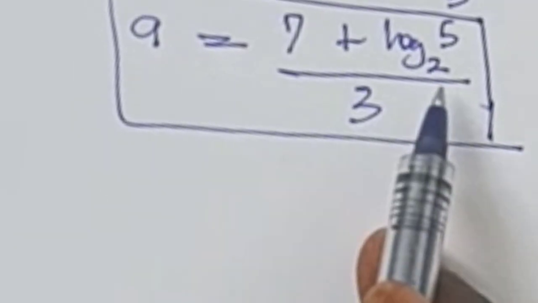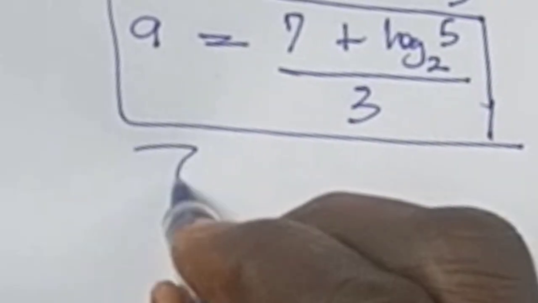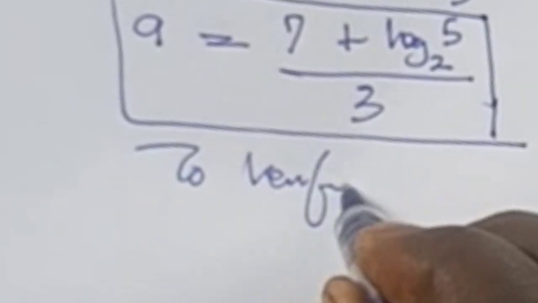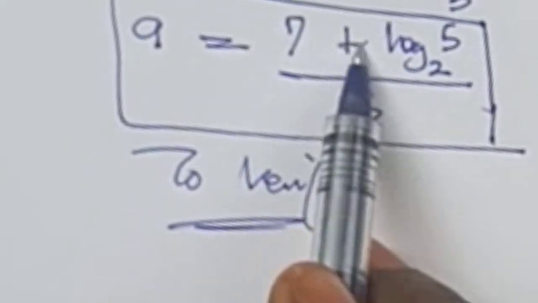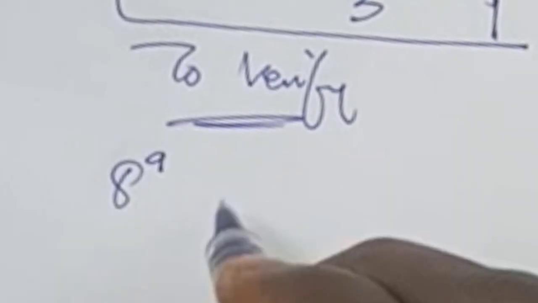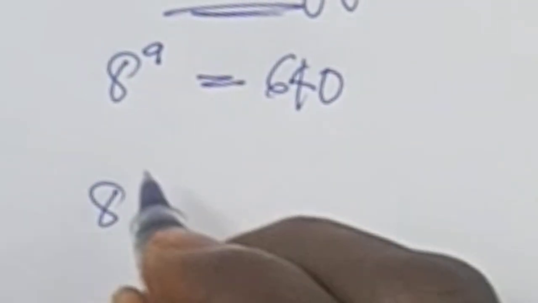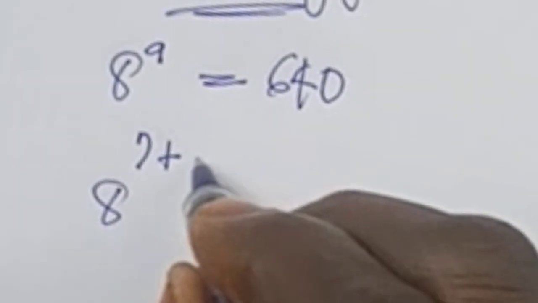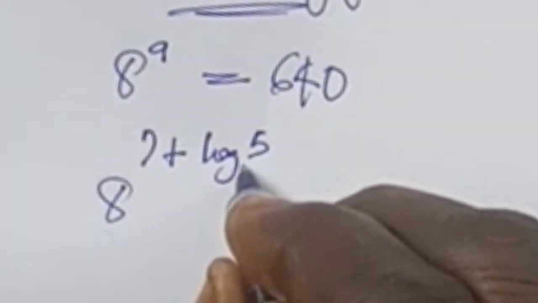And to verify if this value of a can satisfy the original equation, in the place of a in the original equation, we replace it with this value. That is 8 to the power of a equals 640, so that 8 to the power of 7 plus log 5 base 2 all over 3.